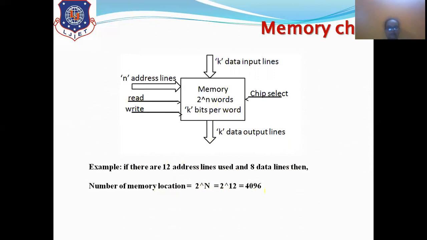Clear? And the processor has 16-bit address lines, so a maximum of 2 raised to 16, that is 64 KB memory, can be externally connected with the 8085 processor, and the input data and output data will be 8-bit. Clear? Right? So this is the basic structure of a memory chip.